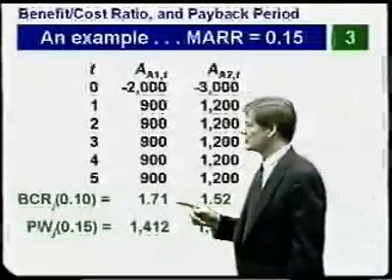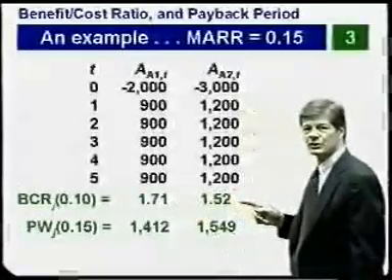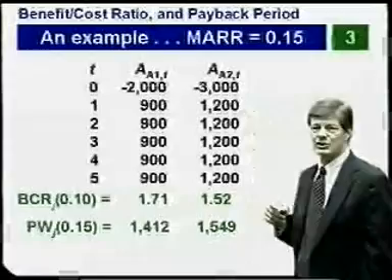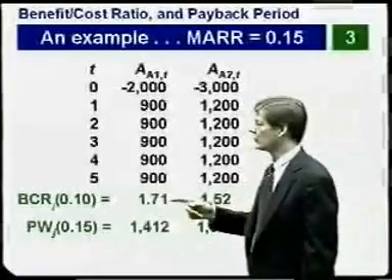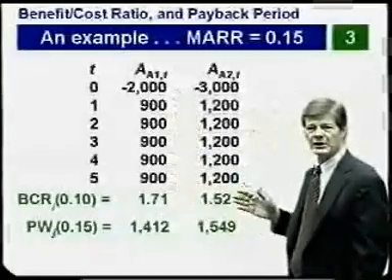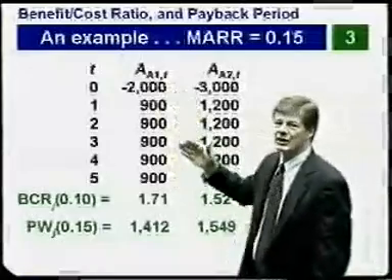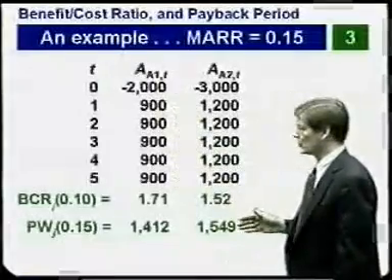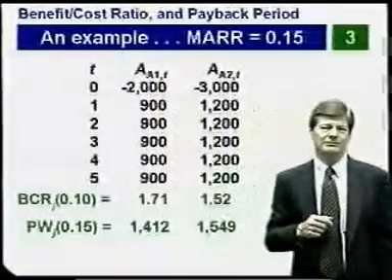And that the benefit-cost ratio for A1 is greater than the benefit-cost ratio for A2, suggesting to them that perhaps they should select alternative A1. In other words, it would appear that the benefit cost ratio criterion seems to suggest choose A1, whereas the present worth criterion seems to suggest choose A2.